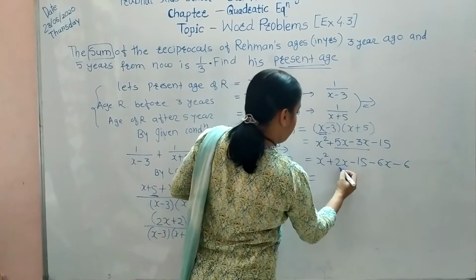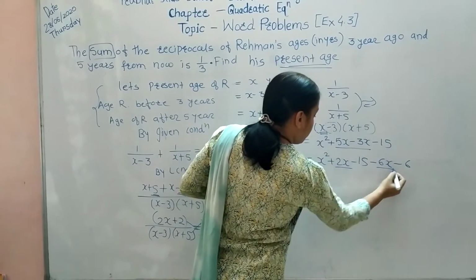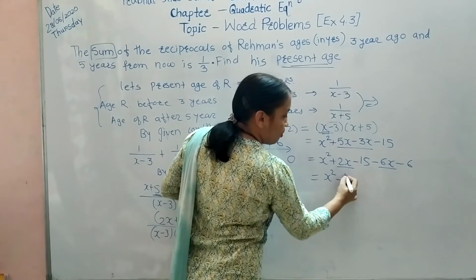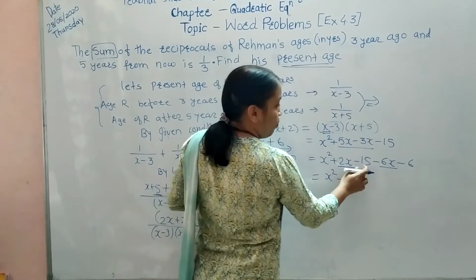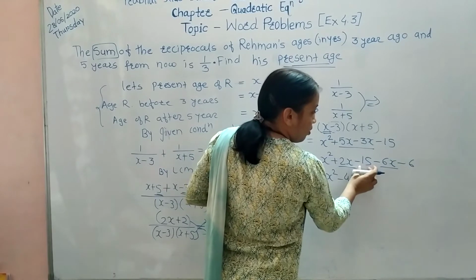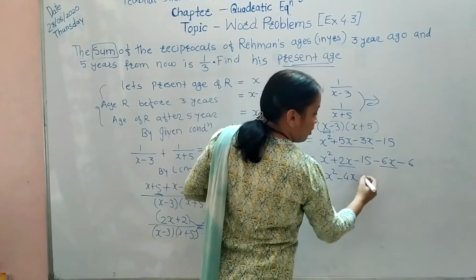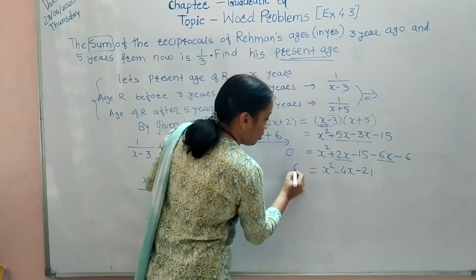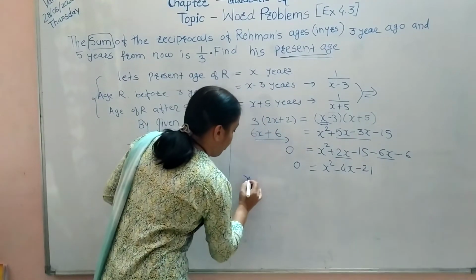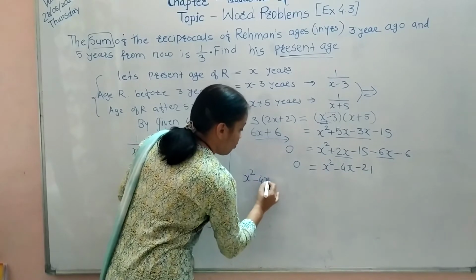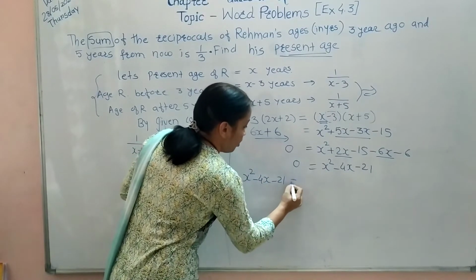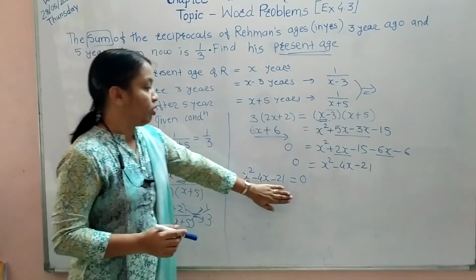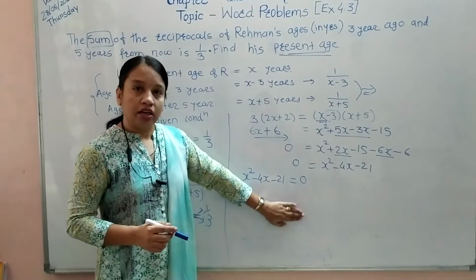Now x square plus 2x minus 6x is minus 4x. Minus 15 and minus 6 will be minus 21, since both have the same sign. Writing in the proper way, x square minus 4x minus 21 equal to 0. Up till now you will get 2.5 marks for framing the correct quadratic equation.